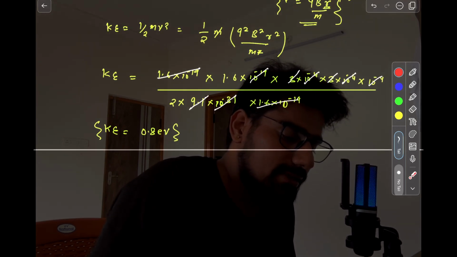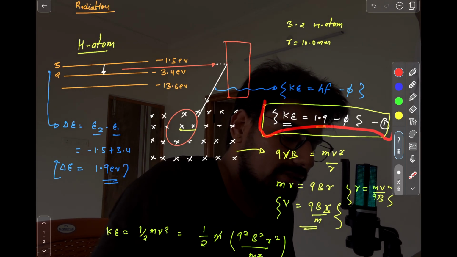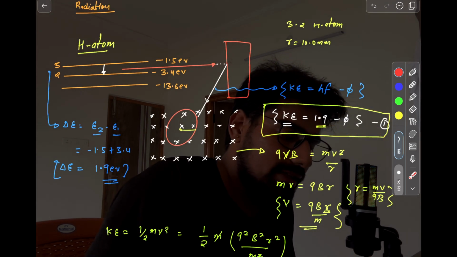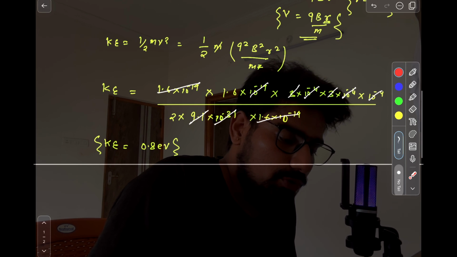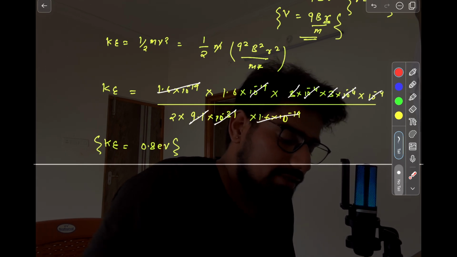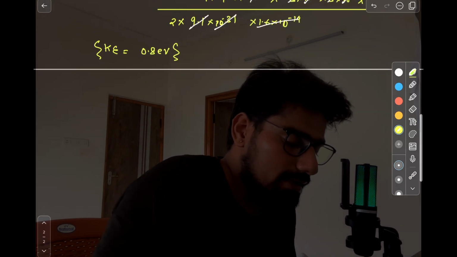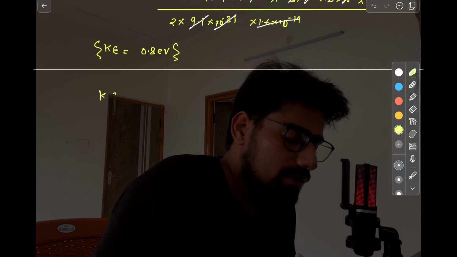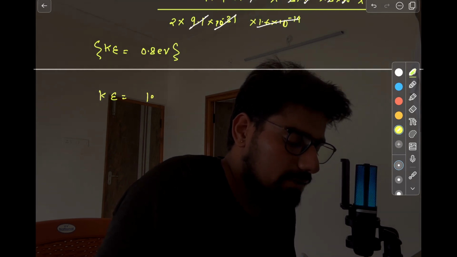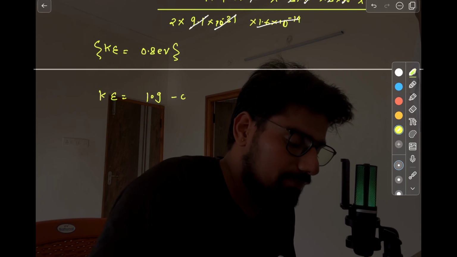Now we are going to apply Einstein's equation of the photoelectric effect. This equation, equation 1: kinetic energy is equal to energy of photon minus the work function, right? So the kinetic energy is the energy of photon, which is 1.9, minus phi, right?